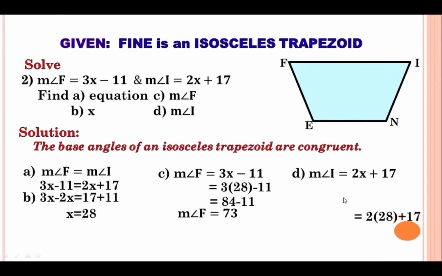By substitution, we have 2 times 28 plus 17. 2 times 28 is 56 plus 17. We also have 73. Okay. So since these two are base angles of the isosceles trapezoid, then they must have the same or equal measures.